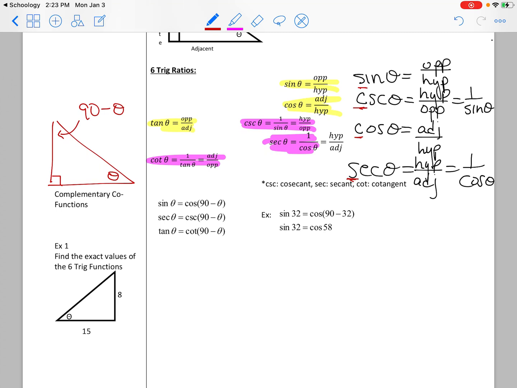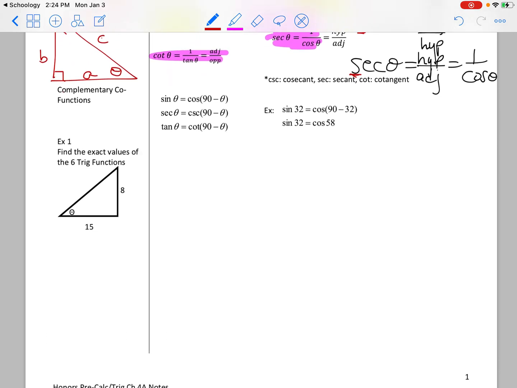If I say this side is A, this is B, and this is C, well, the sine of theta would be B over C. That would be the cosine of 90 minus theta. It's the other one for the other angle. Nothing really major there.